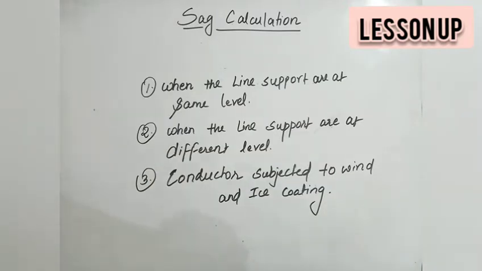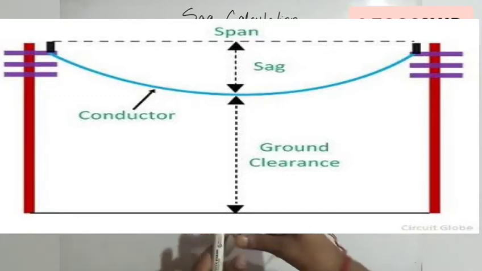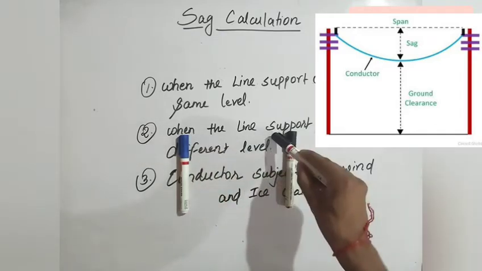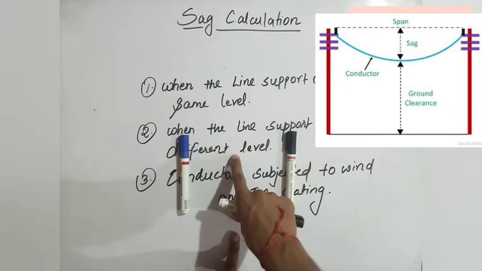The sag calculations are made according to: first, when the line supports are at the same level. If you have two supports at the same level, you will experience a sag between them, and at the middle of the span you will experience the minimum height of the conductor.